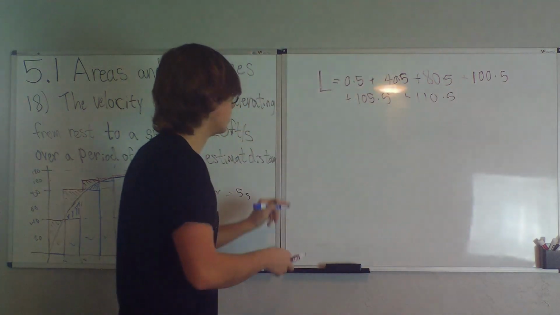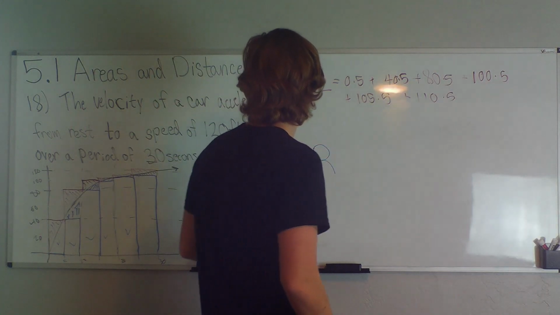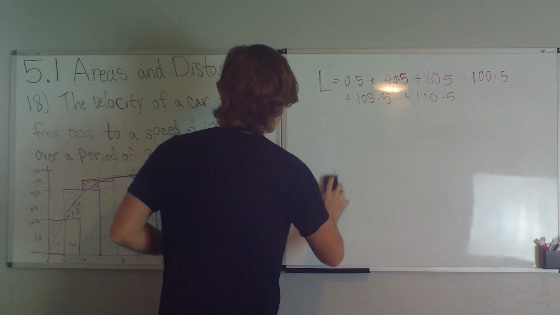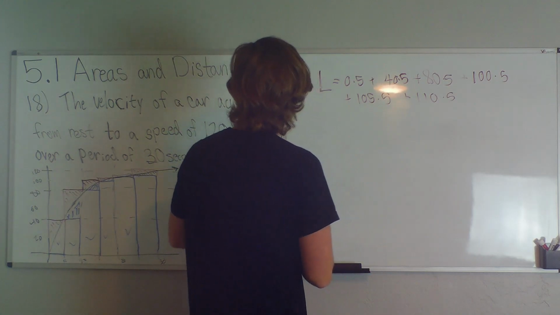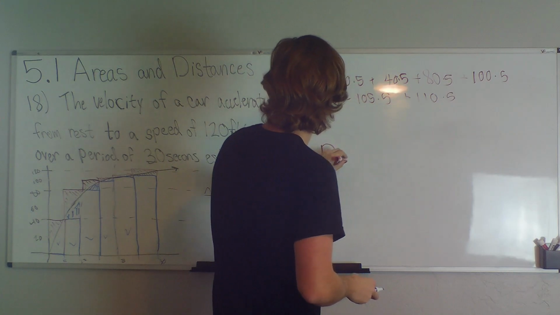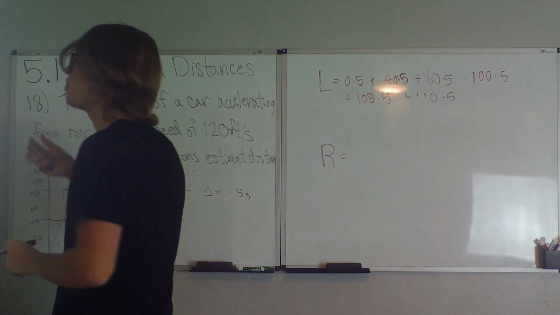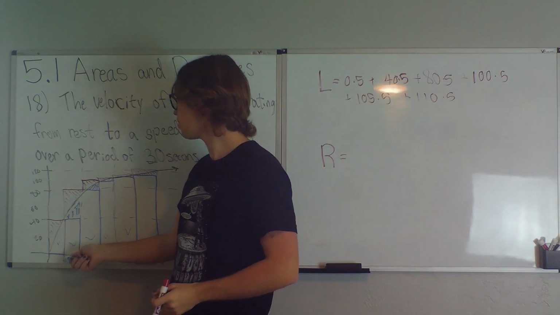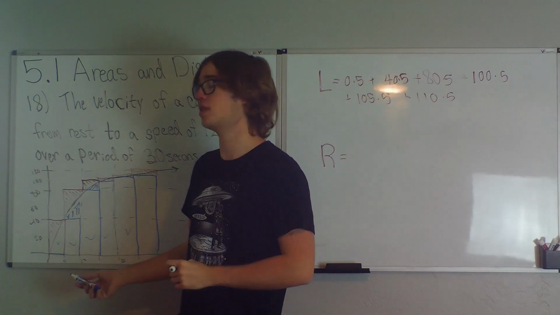Okay, now onto our right sum. Now we're on to our overestimations. Okay, well, we go to 5, so we do f of x1 times delta x.